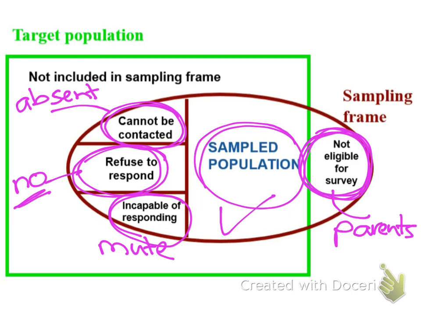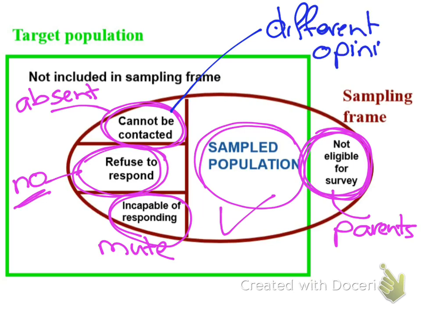Now the important thing is being able to identify them, but even more than that is being able to think about, well, why do we care about these people? Why do we care about the people that were absent or the people that didn't want to answer my survey? These people may have different opinions. They might give me different data.